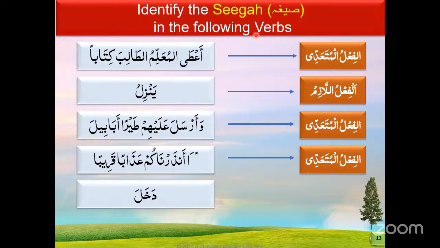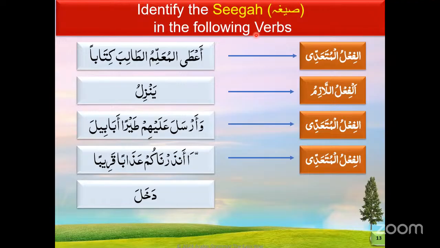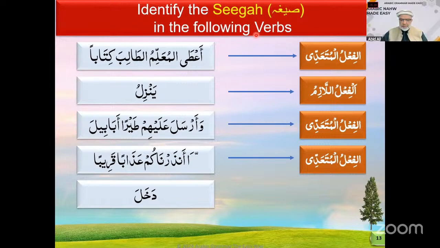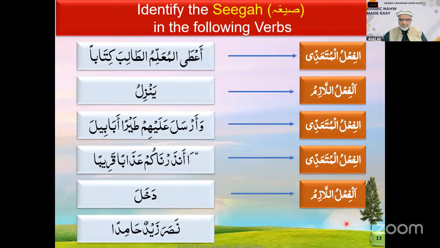Very good. And what is the translation of dakhala? I don't know the meaning. Okay, he entered. Dakhala means to enter something. Okay, no worries. Jazakallah khair. Very good job, MashaAllah. So this is fi'lul lazim. And the next one is Nasara Zaidun Hamidan. Sister Rukhsar, if you want to answer this one, I can let you answer.